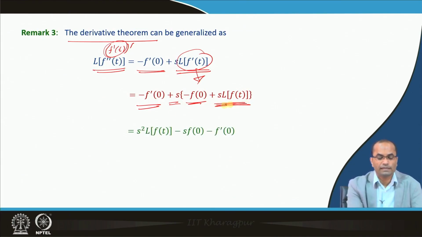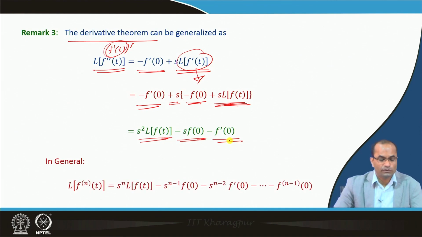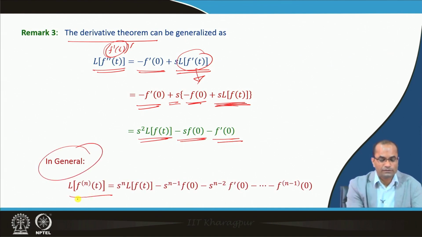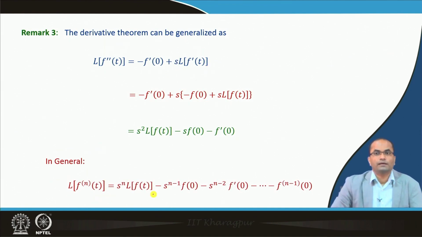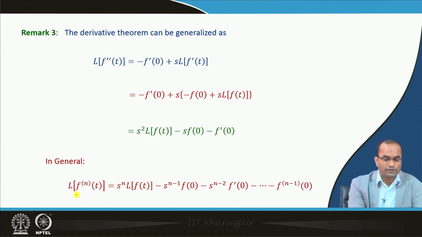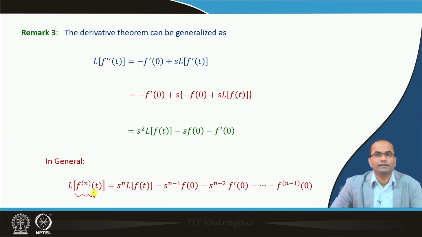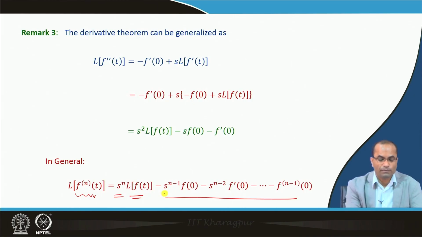So, we have here s squared times the Laplace of f t, minus s f 0, and minus f prime 0. In general we have this result now for any derivative. The Laplace of the nth order derivative of f is equal to s to the power n times the Laplace of f t, and then we keep on reducing the power of s.